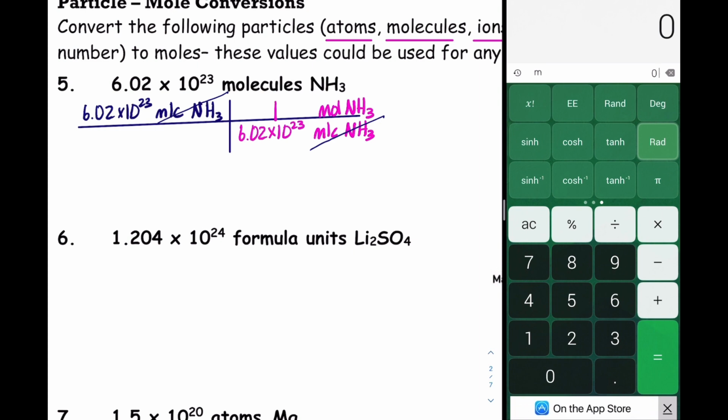So that cancels. The answer here will simply be 1. We still need to use significant digits though. Because we have 3 significant digits in our given value, we'll also have 3 significant digits in our final answer. So our final answer is 1.00 moles of ammonia.